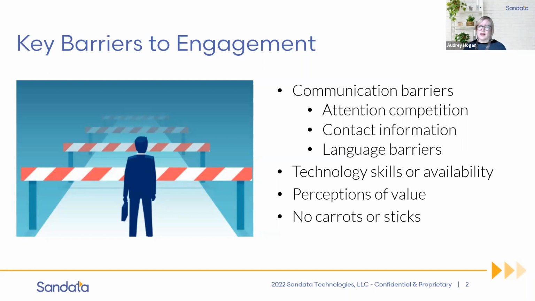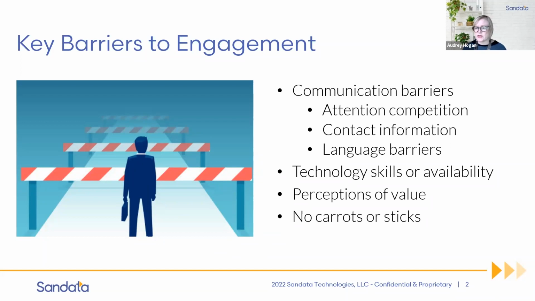We all struggle with the quality of the contact information that we have for folks. That may be that we don't have up-to-date information. It may be that they've received so many communications from similar types of companies or similar types of programs that they may block communications that come from us.